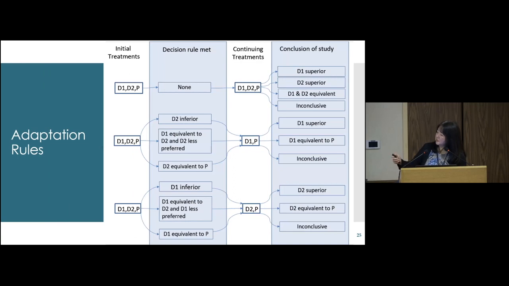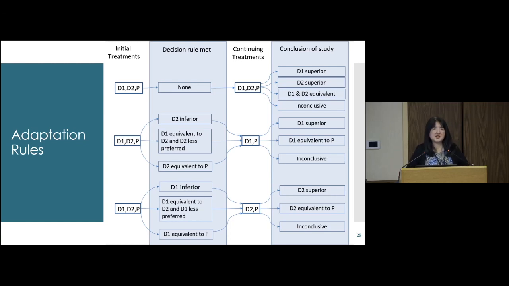This is a little bit more detail. You start with 3 arms. If nothing happens, you continue with 3 arms. If we conclude one drug is superior, or the other drug is superior, or these two are equivalent or inconclusive, or if we start with 3 and one is inferior or equivalent to placebo, then you end up with 2 and you go in these directions, and so on and so forth.